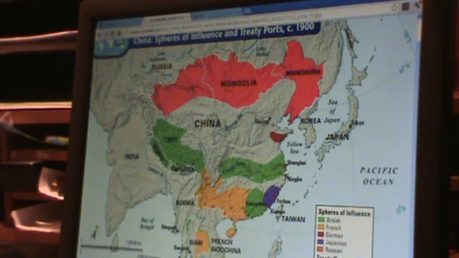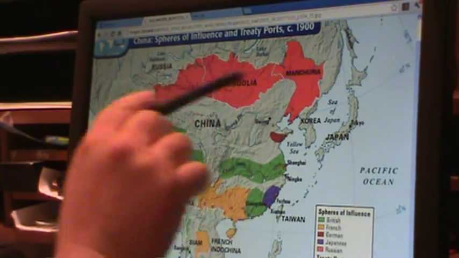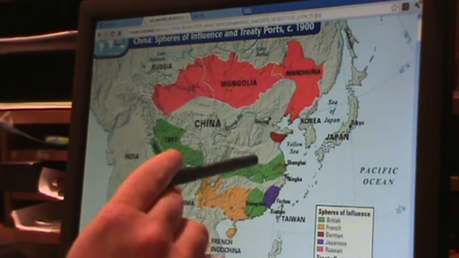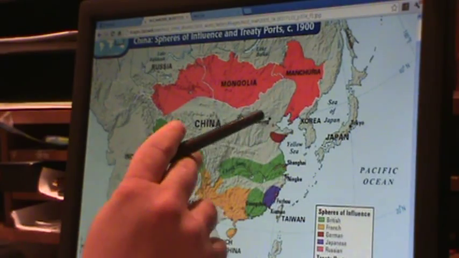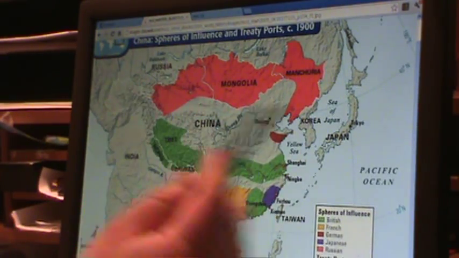So basically what that's saying is that the government in China no longer has control over its own territory. If a British person murders somebody in the British sphere of influence, they don't go to a Chinese court. They go to a British court with British systems of judge and jury and evidence.